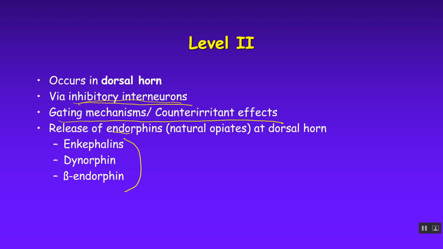What we call endorphins typically refers to a combination of enkephalins, dynorphin, and beta endorphins. Those are just natural opiates, neurotransmitters released down at the dorsal horn. As pain signals come in, they get blocked. This inhibits that signal coming in. Generally, this is because you have axons coming down from your brainstem, delivering this stuff at each level of your dorsal horn.